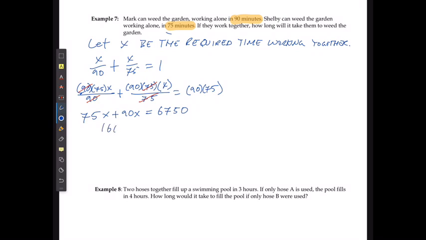If 165x is equal to 6,750, then x is going to equal 6,750 over 165, which can get reduced down to 450 over 11, which is going to be approximately, because it doesn't divide exactly, 40.9 minutes.